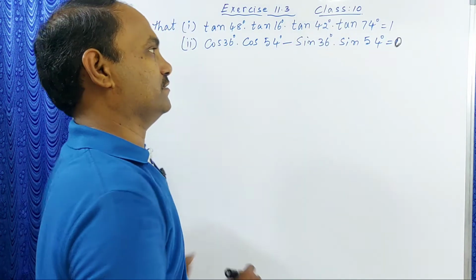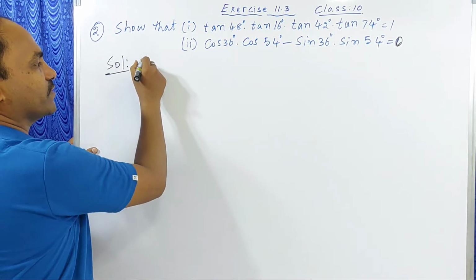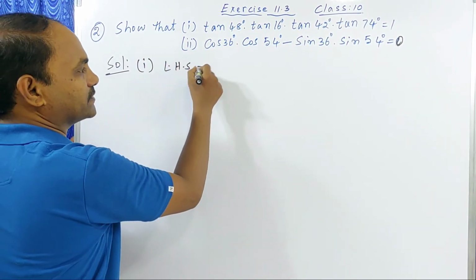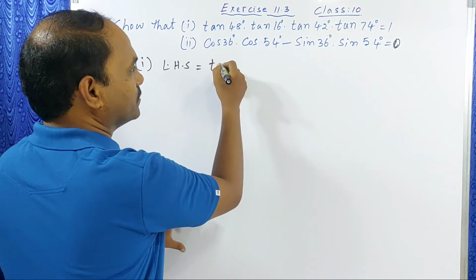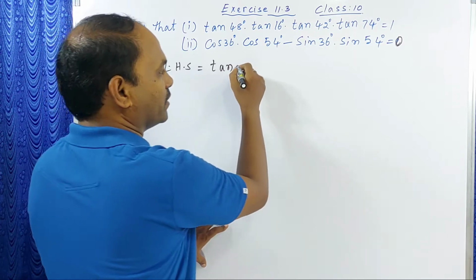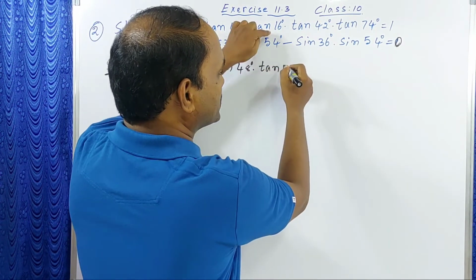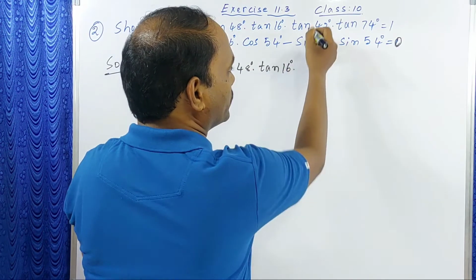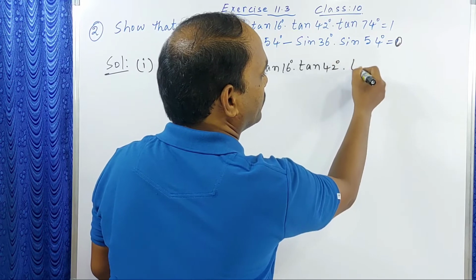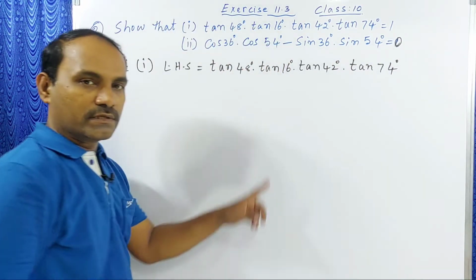Let us check the first one. First question, take LHS, which is tan 48 degrees into tan 16 degrees into tan 42 degrees into tan 74 degrees. This one is LHS.